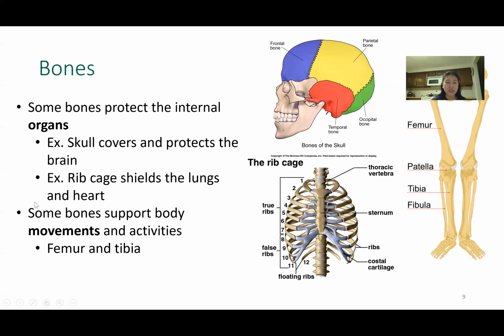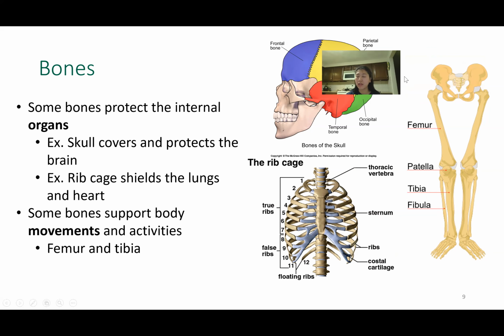The other function of a lot of bones is to support body movements and activities. So it not only protects, but also supports movement. A good example is in your legs: the big thigh bone is called the femur. It's connected through the patella, that's your knee bone, kneecap.